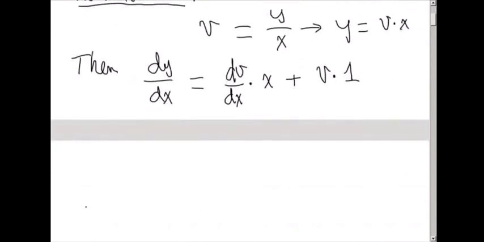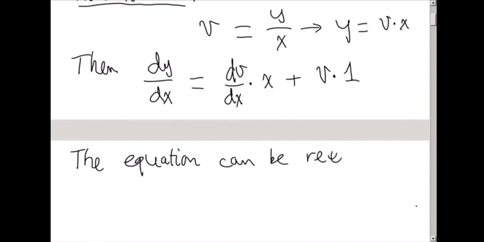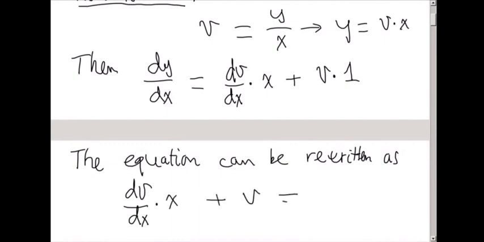So then the original equation can be rewritten as: on one side we have dv dx times x plus v, and the right-hand side is a function of v.